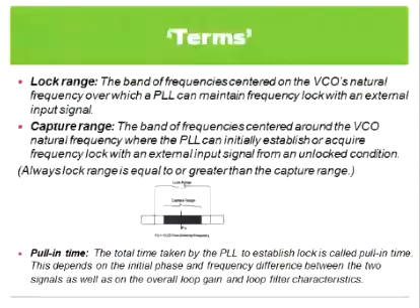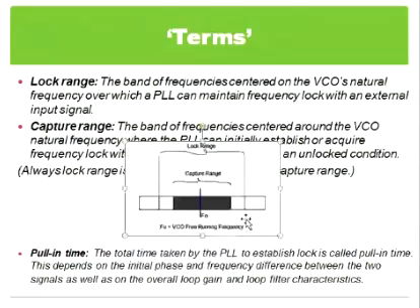Now we have to define certain terms. The first one is the PLL lock range. It is the range of frequencies over which the PLL will track the input frequency signal and remain locked. The lock range is usually the band of frequencies above and below the PLL free running frequency, as described earlier.